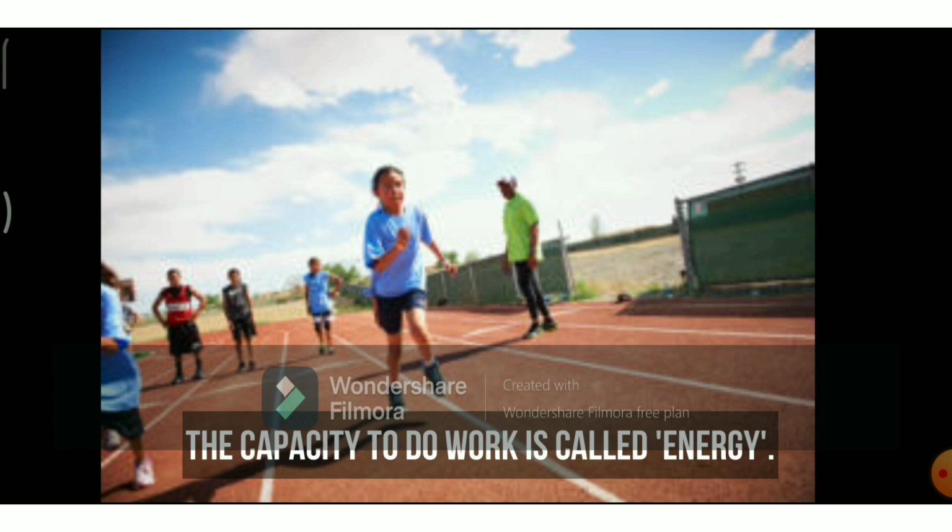So this capacity to do work is different in different people. We conclude here that the capacity to do work is called energy. Please remember this definition. Work and energy are interrelated. To do work, we need energy. So this work and energy is what we are going to learn in detail.